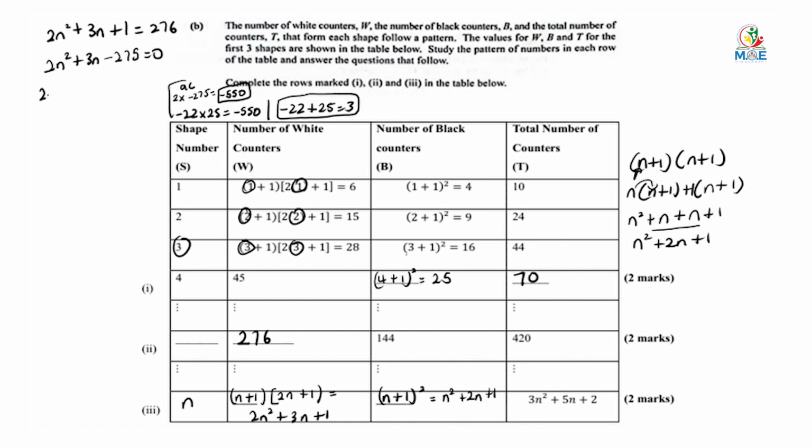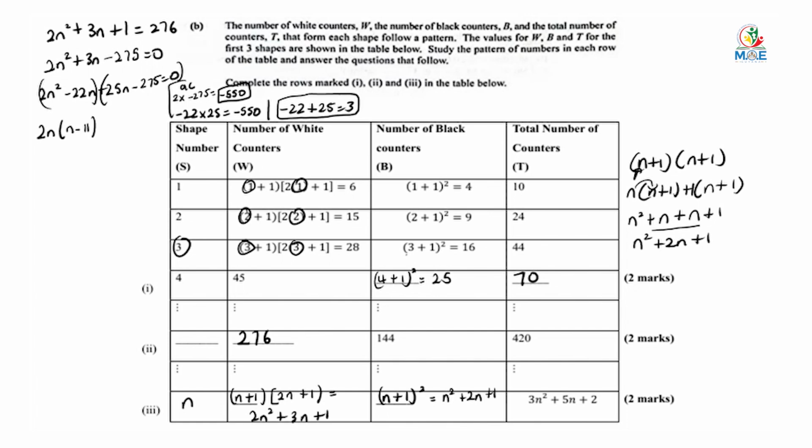So now I'll have 2n squared minus 22n plus 25n minus 275, and that is equal to 0. I can bracket these off and then factorize. For 2n squared minus 22n, the common factor is 2n, and in brackets I'll be left with n minus 11.